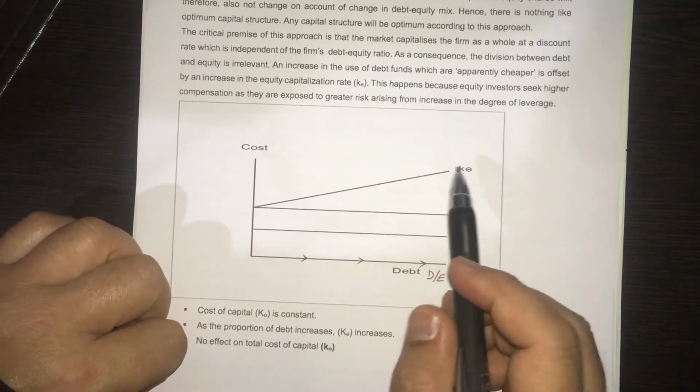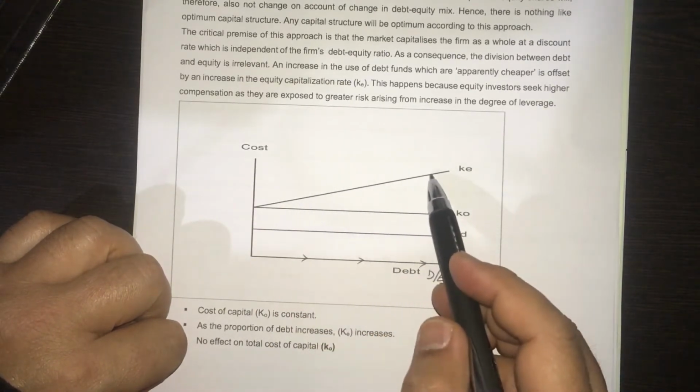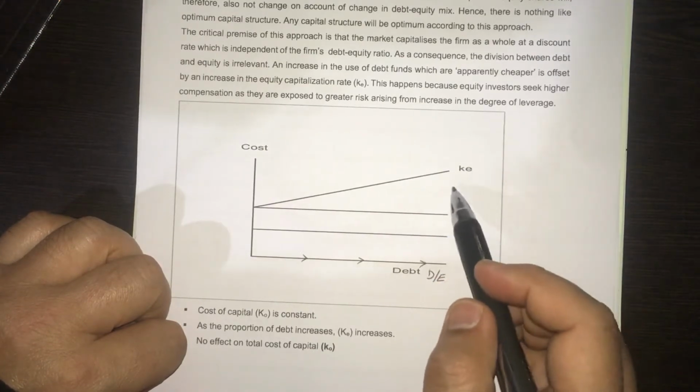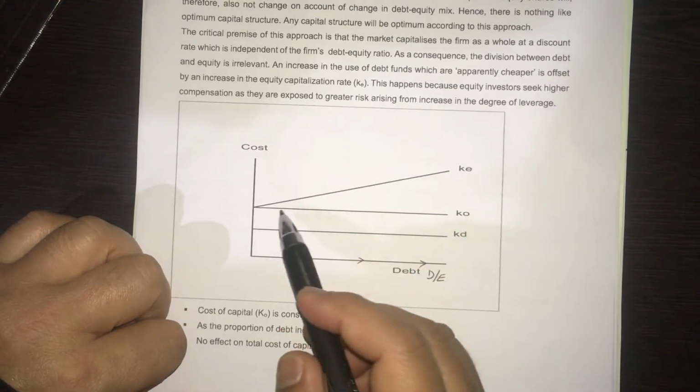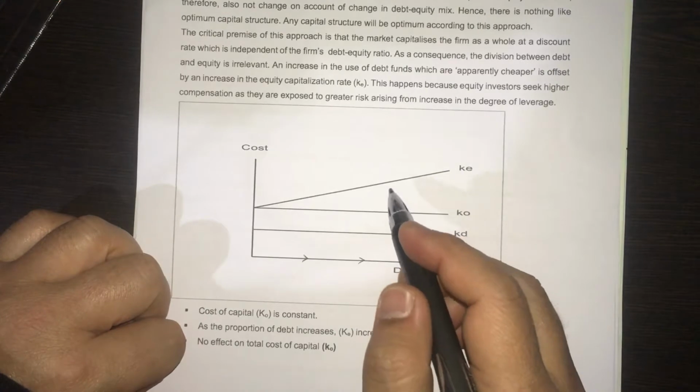Now, why is that? An increase in the use of debt funds, which is a cheaper source of finance, is offset by an increase in the equity capitalization rate, KE.